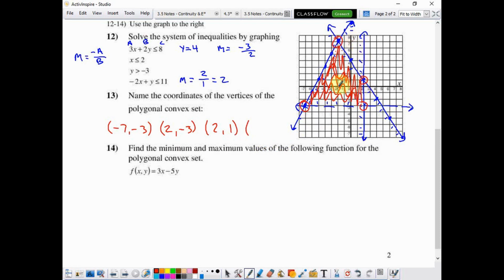And way up here at -2, 7. So those are my vertices. Now I'm going to find the minimum and maximum value from these 4 vertices based on this function.